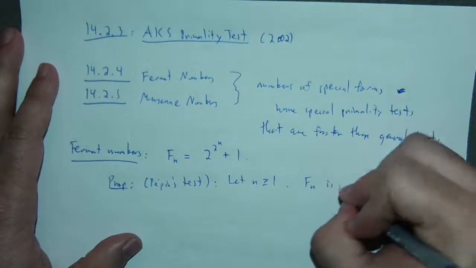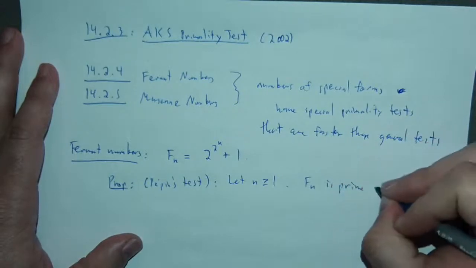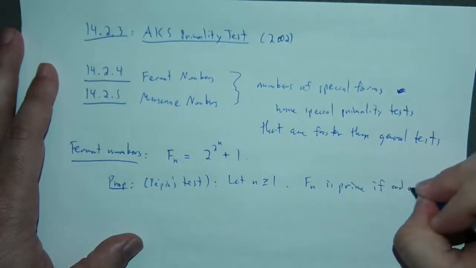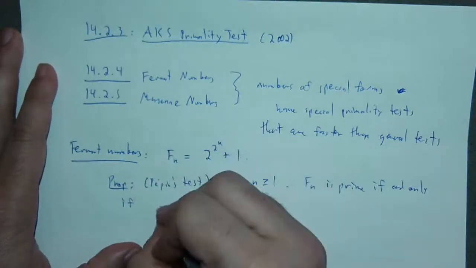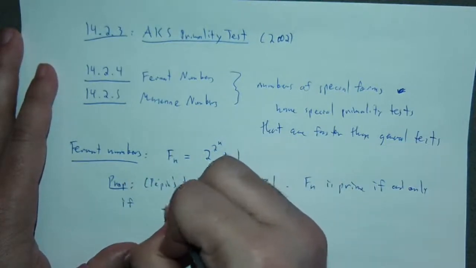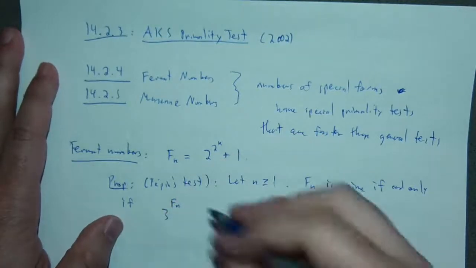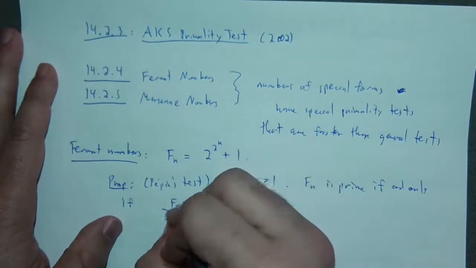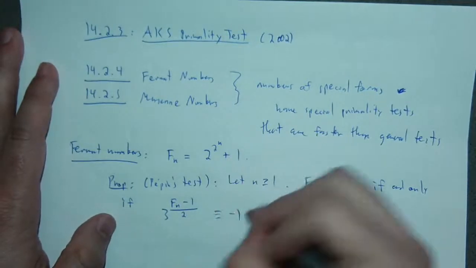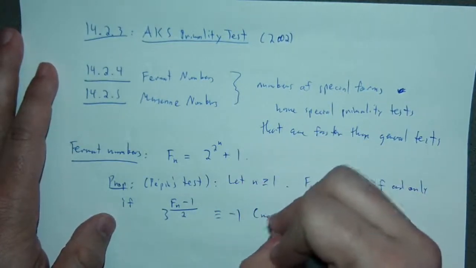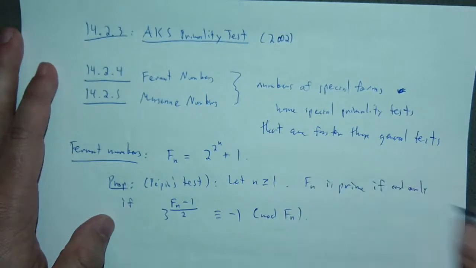F sub n is prime if and only if 3 to the (F sub n minus 1) over 2 is congruent to minus 1 mod F sub n.